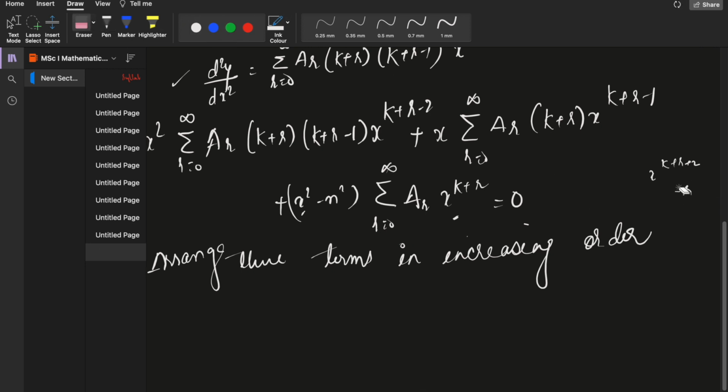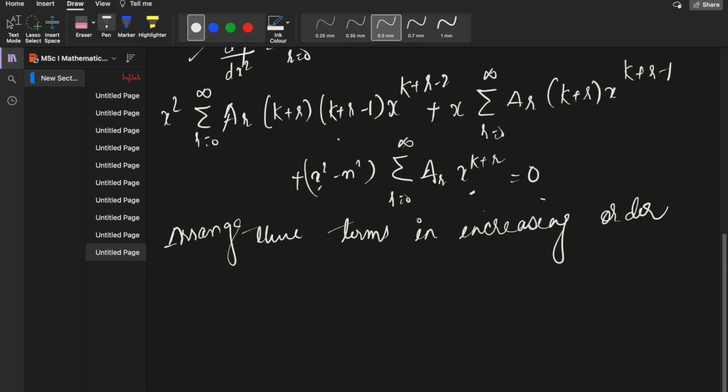Just to summarize, I know the summation r tends to 0 to infinity of ar is going to be constant, so I take this as common. From here, if I multiply x square with this x, this will give me x to the power k plus r, because this is plus 2 and here minus 2.